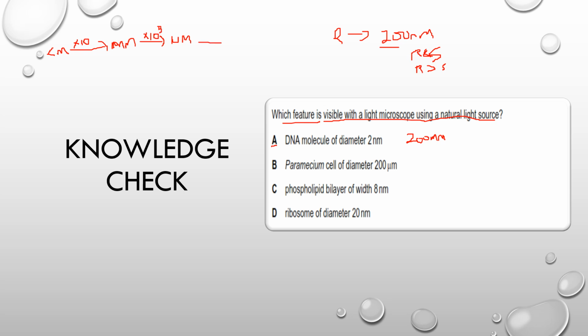If you're moving from micrometers to nanometers, you multiply by 1000 too. If you are going backwards, you divide. So if you want to convert this to nanometers, 200 micrometers times 1000 gives us 200,000 nanometers.